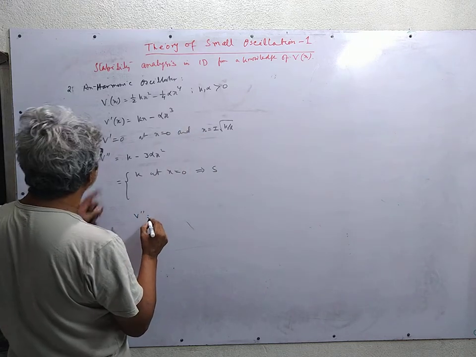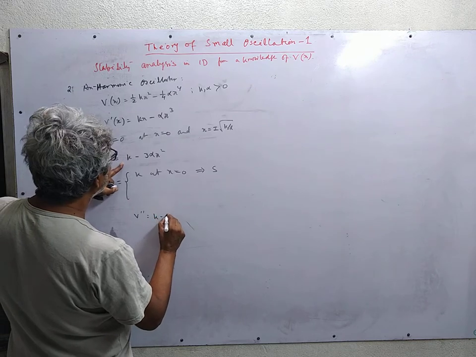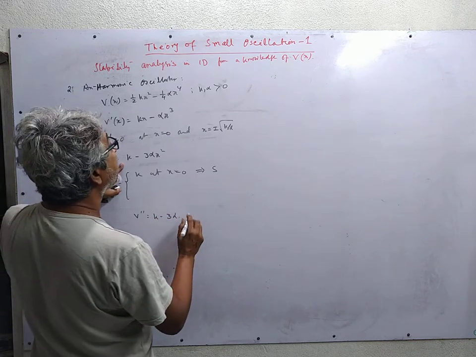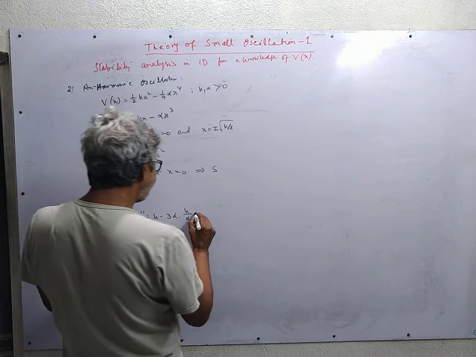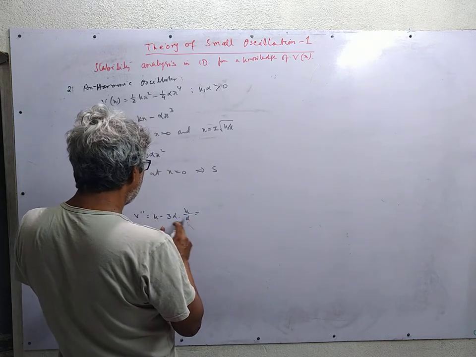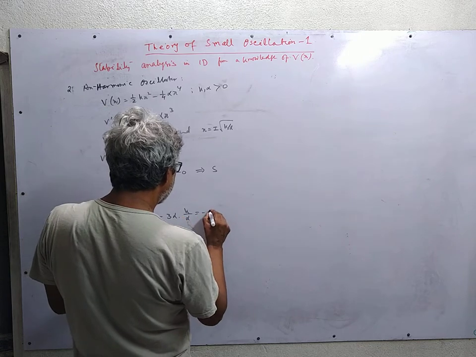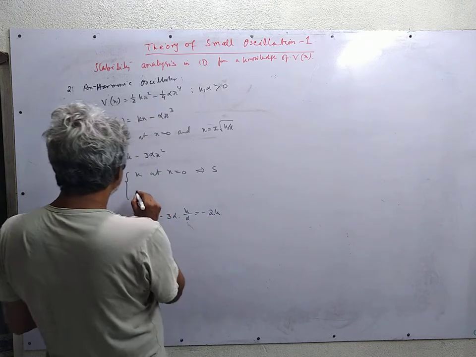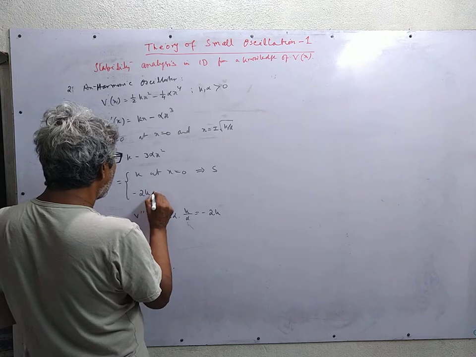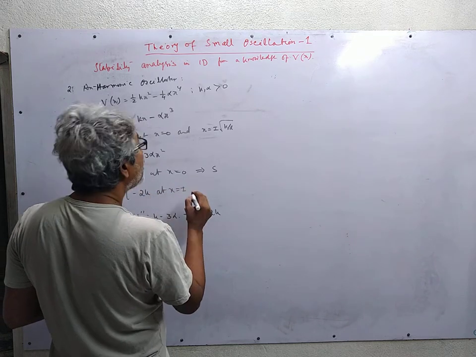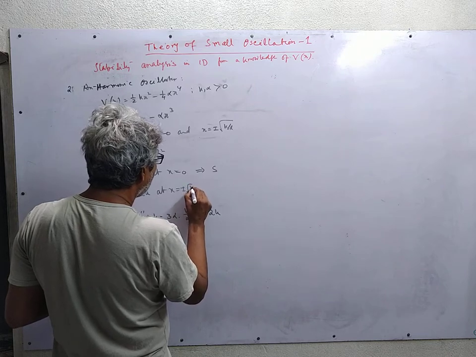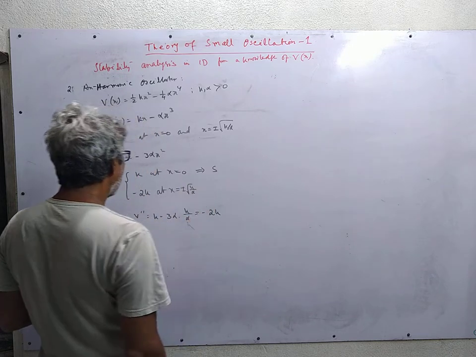Now coming to the points x is equal to plus minus root over k by alpha, V double prime is k minus 3 alpha times x square, and for x square we write k by alpha, so this is minus 2k. So this is minus 2k at x is equal to root over k by alpha.